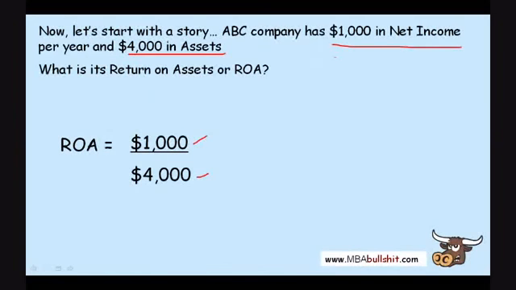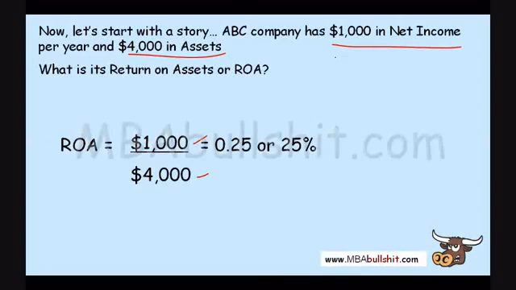And if we divide these two numbers, we get a figure of 0.25, or 25%. So now we can say that this company's ROA, or return on assets, is 25%.